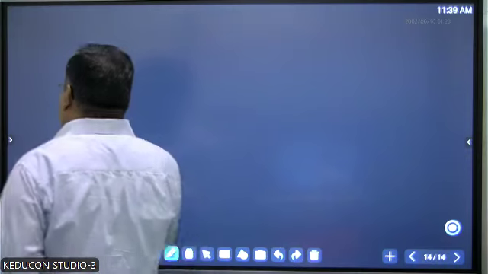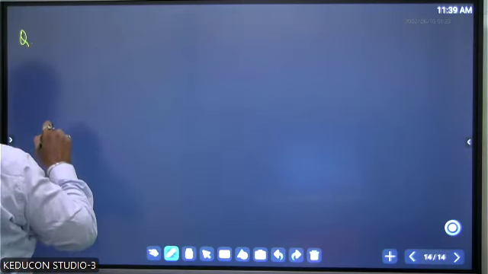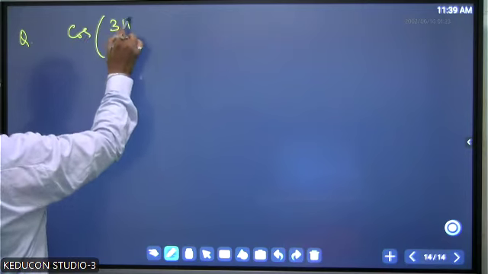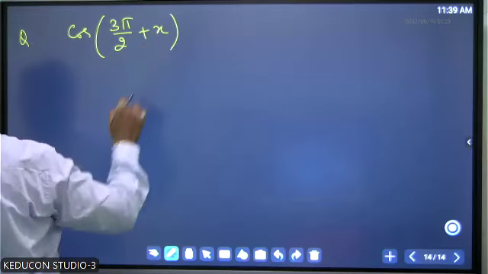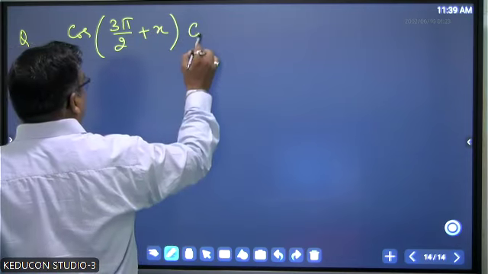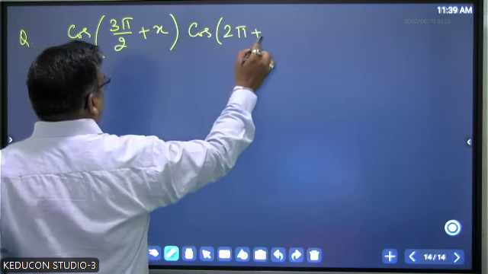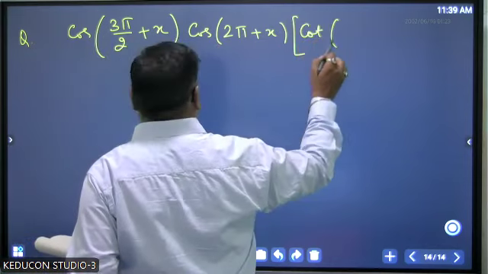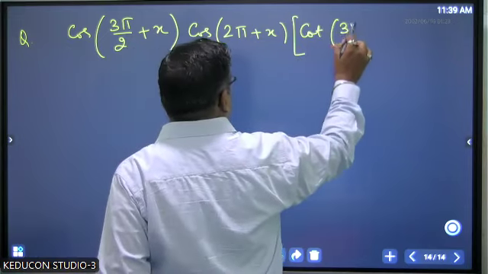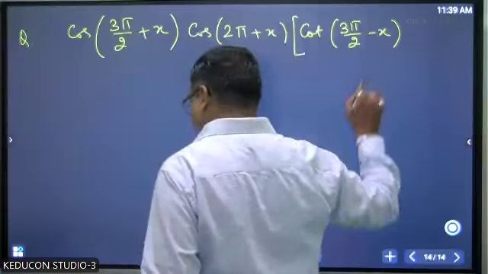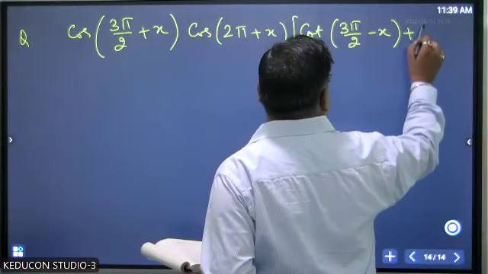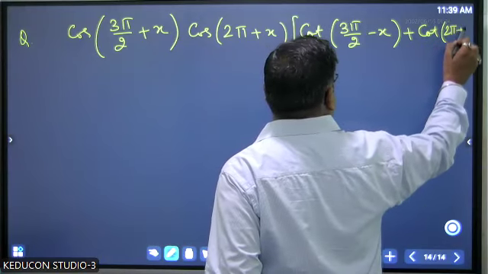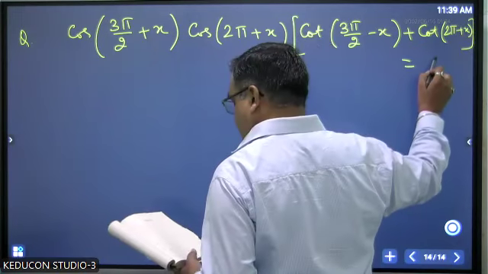Now the next question we have is cos of 3 pi by 2 plus x, 2 pi plus x, cot of 3 pi by 2 minus x plus cot of 2 pi plus x is equal to 1.